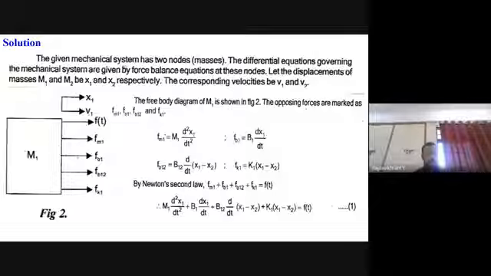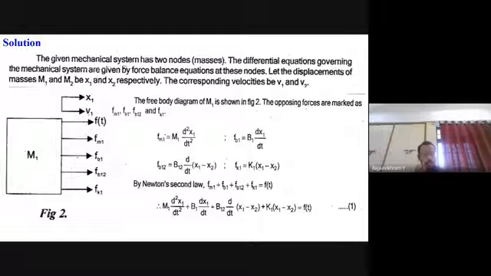I hope you have drawn the free body diagram for M1. With M1, you have to specify what are the applied forces and what are the opposing forces. You have to clearly specify all the applied forces and all the opposing forces. Based on that, write the differential equation, adding the applied force on one side and the opposing forces on the other side.